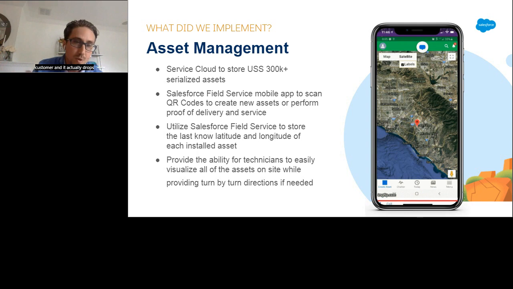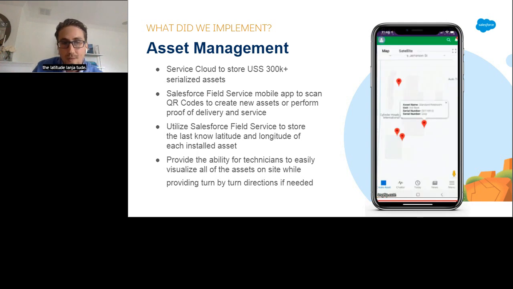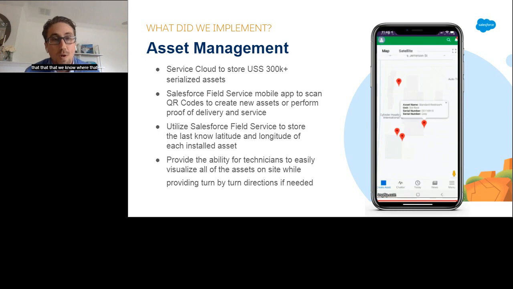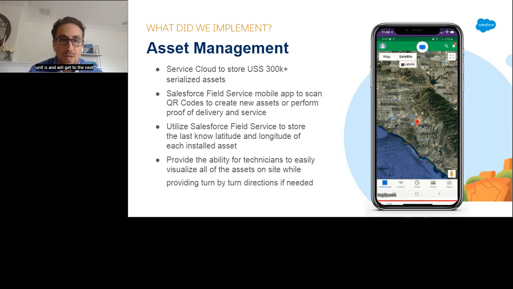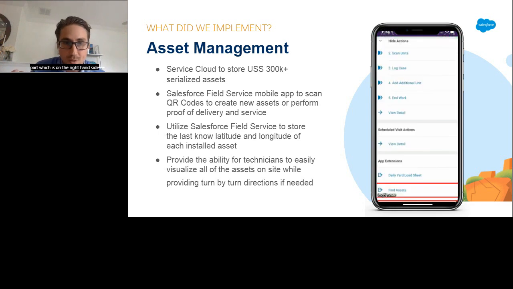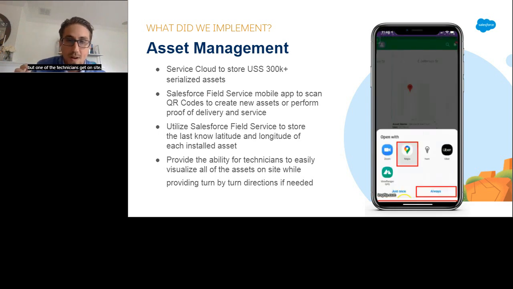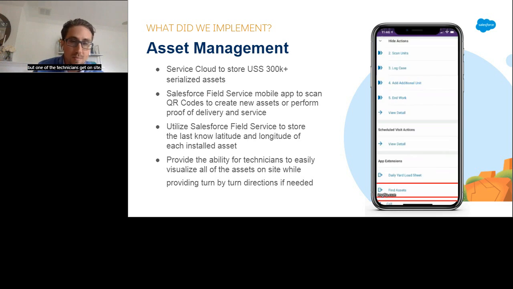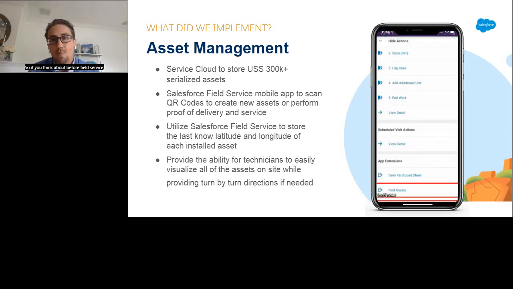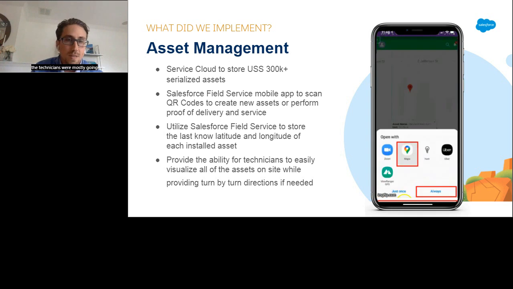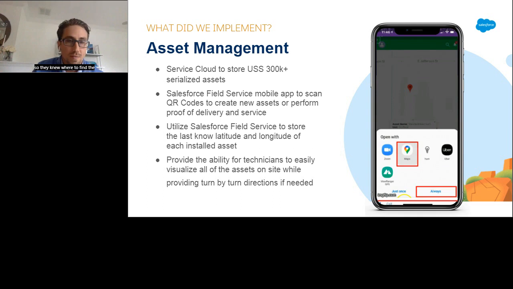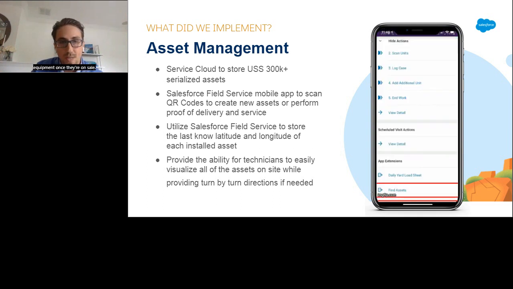And it actually drops the latitude, longitude to be able to track and make sure that we know where that unit is. And we'll get to the next part, which is on the right-hand side. The screen's moving pretty fast, but when the technicians get on site, it could be a really large construction site. So if you think about before field service, the technicians were mostly going to the same sites all the time, so they knew where to find the equipment once they were on site.